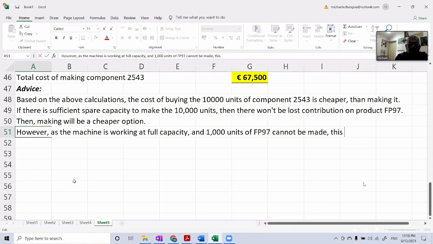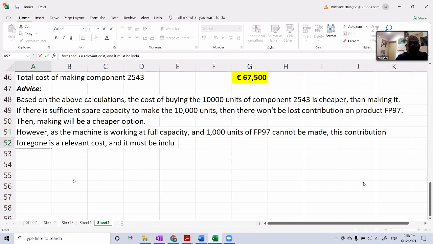This contribution foregone, foregone means you give up, is a relevant cost and it must be included in the decision making process. We cannot ignore it. We have to take that into consideration.